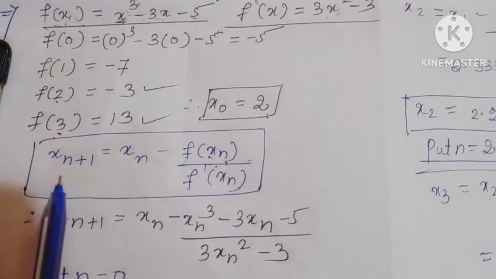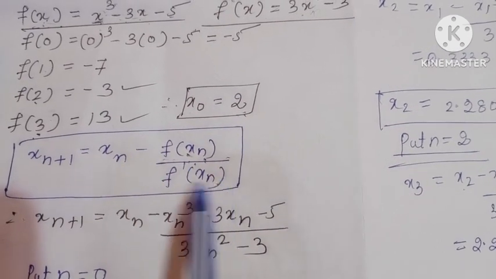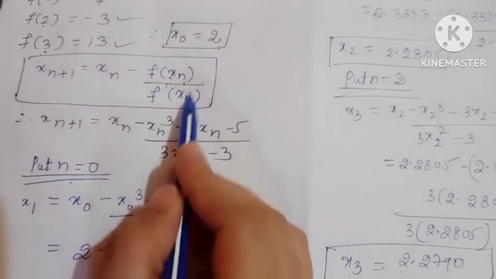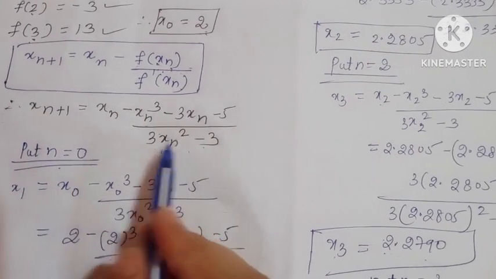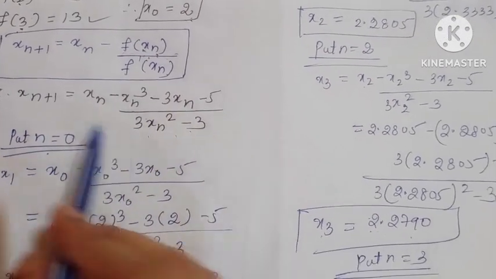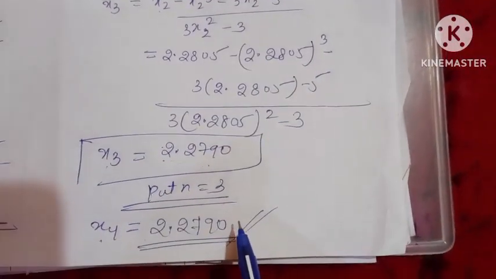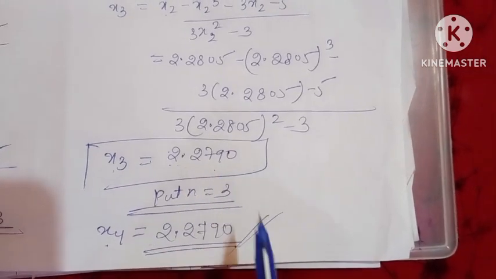This is the formula of Newton's method. x(n+1) equal to xn minus f(xn) by f dash (xn). So just substitute f(xn) and f dash (xn). This is the equation we get. So just substitute n equal to 0, n equal to 1, n equal to 2 in this equation. So I have stopped. Why? Because we got the same value x3 and x4. See, 2.2790.